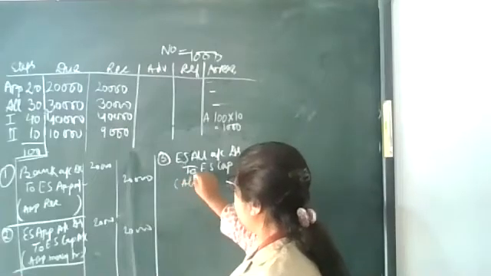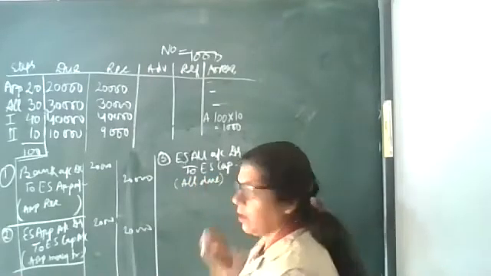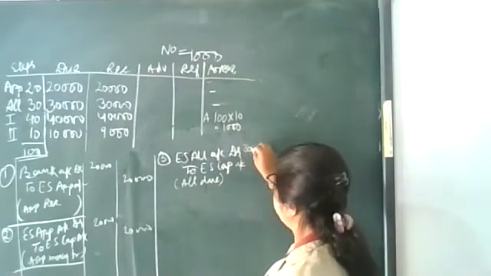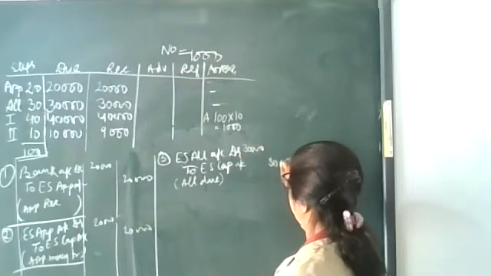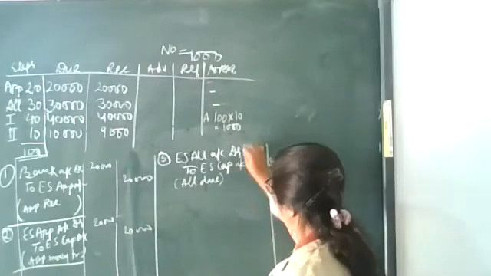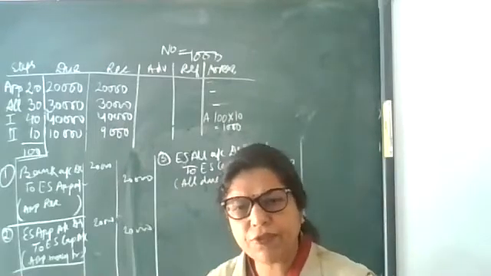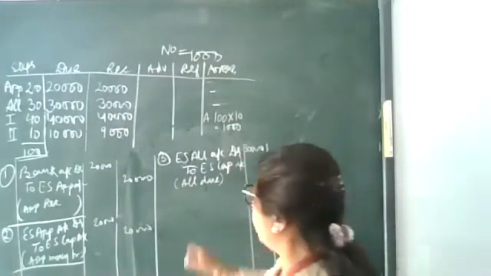Narration: allotment due, by 30,000. Clear? Now, after the third entry, there will be the fourth entry.